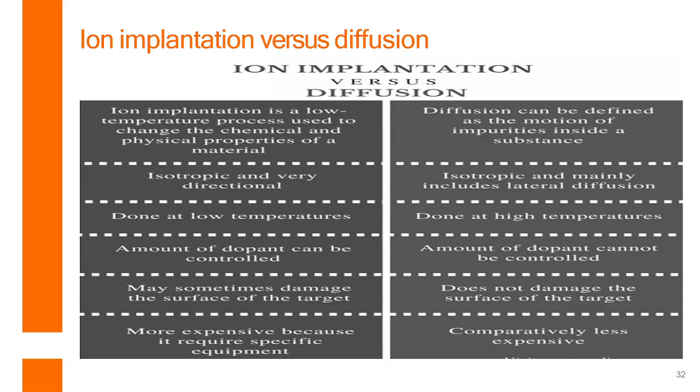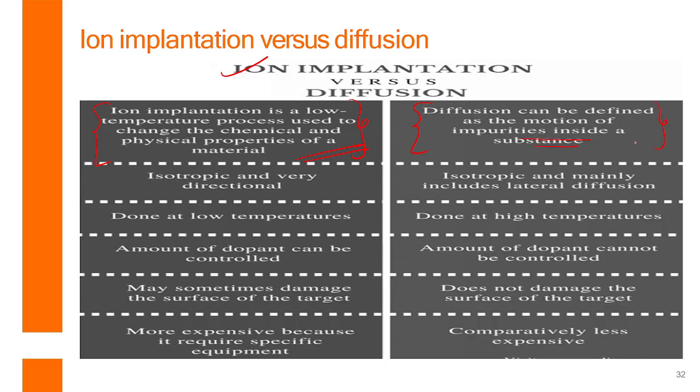Coming to the difference between implantation and diffusion: implantation is a low temperature process used to change the chemical and physical properties of the material, whereas diffusion is done at high temperature only. Diffusion is the motion of impurities inside the substance.